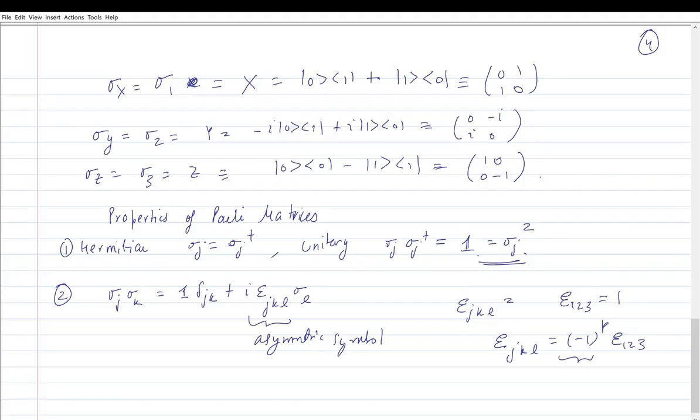And if any two indices are equal, it is 0. This is called the Levi-Civita symbol. Just check the definition of this on Wikipedia if you want clarification. Okay, so these are some of the properties of Pauli matrices which one should keep in mind.